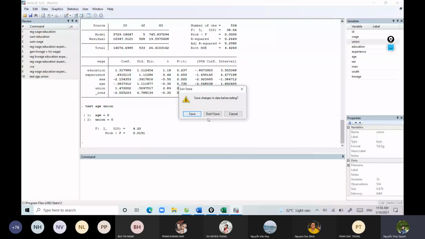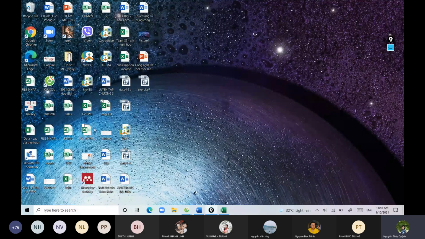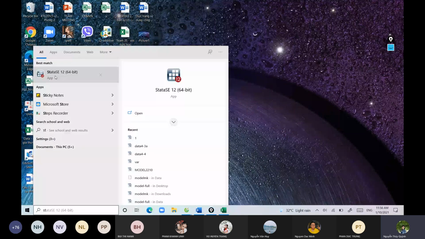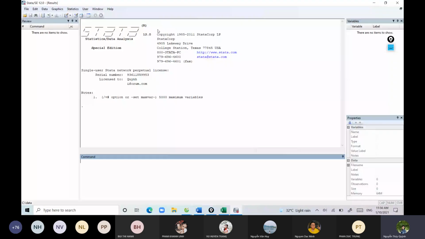Don't save. Now I open data again. Okay, I open data again, and I want to get my result, what I have done previously. So I will open the do file.